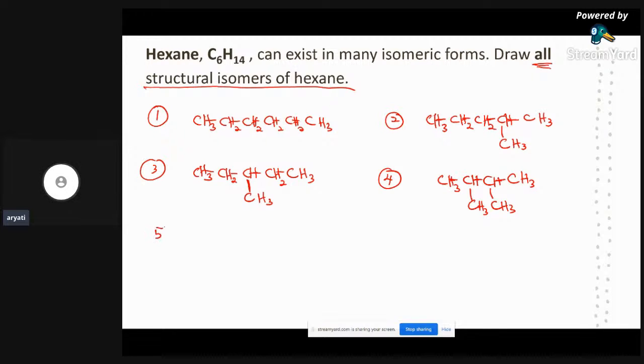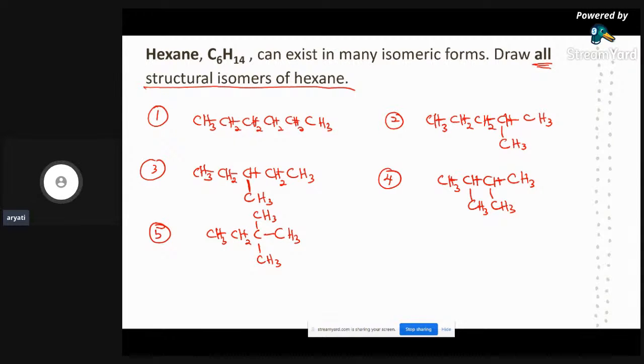Structure number 5. Okay. Okay, so kita letak branch at carbon number 2, 2 branch. So sini adalah 3, 6, 9, 10, 11, 12, 13, 14.